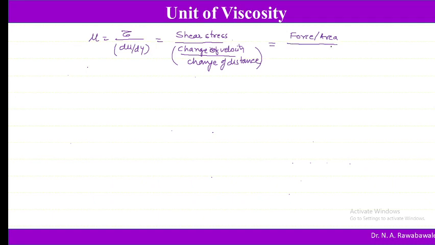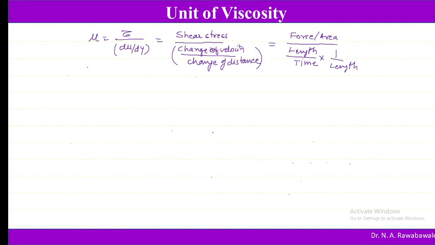Whereas change in velocity is nothing but the distance covered per unit time, so we can call this length per unit time. Then this change in distance is nothing but length, so into 1 divided by length.